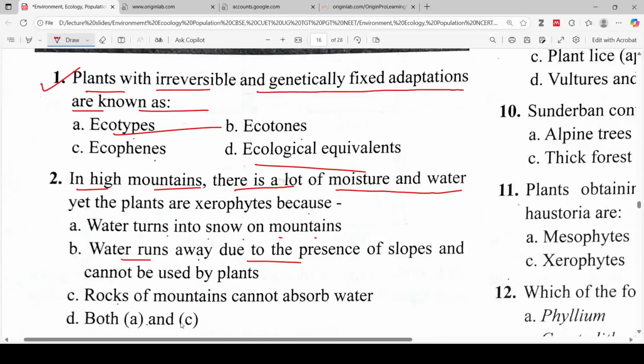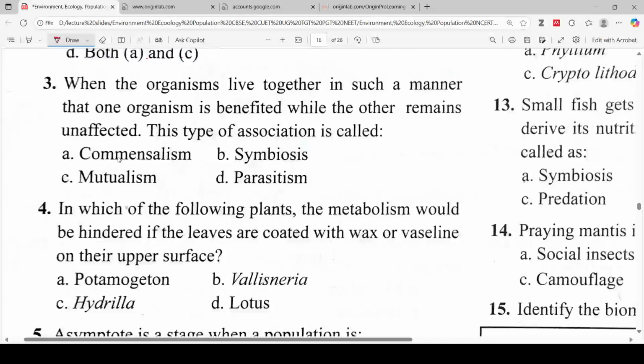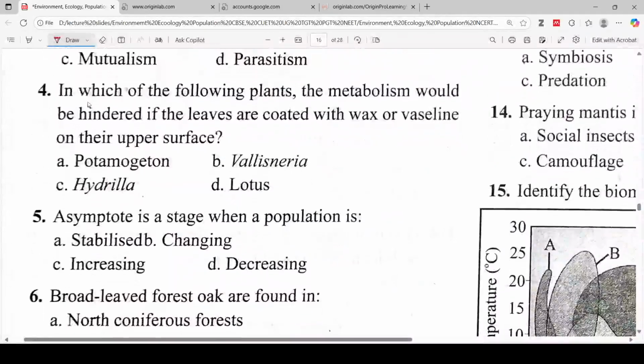Option A and C. So the correct answer is option B. Next question: when organisms live together in such a manner that one organism is benefited while the other remains unaffected, this type of association is called commensalism.